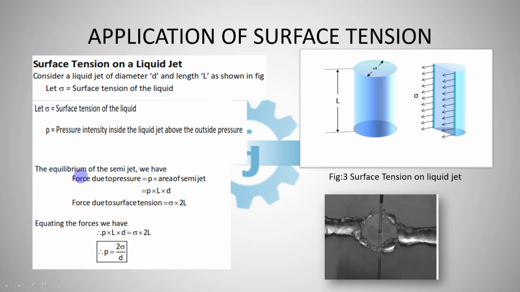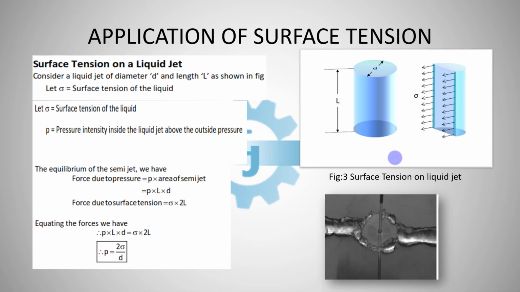So at equilibrium, the force due to pressure is P into the area of the semi-jet, that is P into L into D, and the force due to surface tension will be sigma into 2L. So equating these two forces we get P into L into D equals sigma into 2L. From here we get P equals 2 sigma by D. So these are the applications of surface tension.